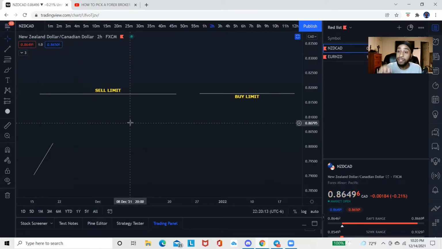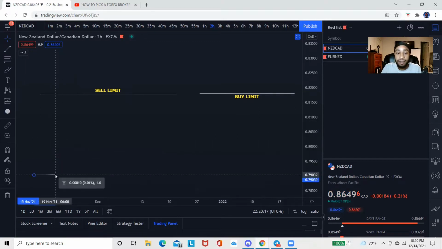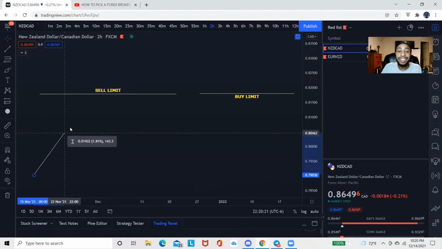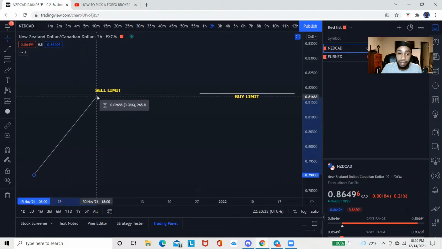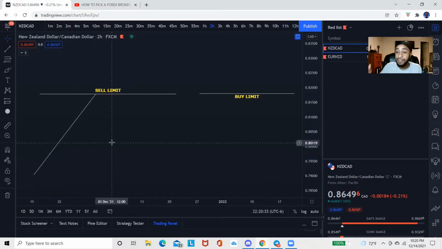So what you want to see in a sell limit is the market start from a low area and then work its way up. At the point where the market works its way up to the entry you were looking to get in, that is when your sell limit would activate.